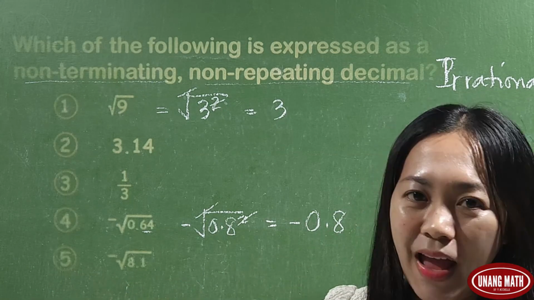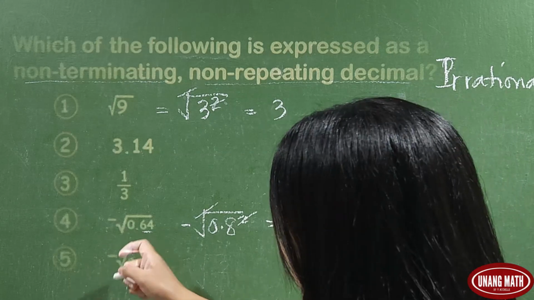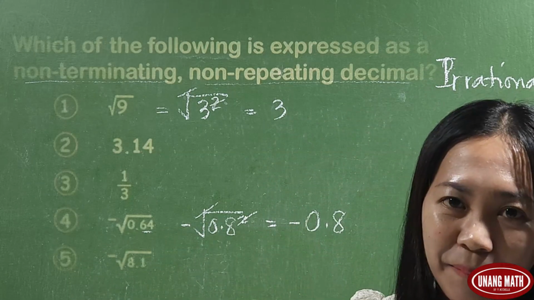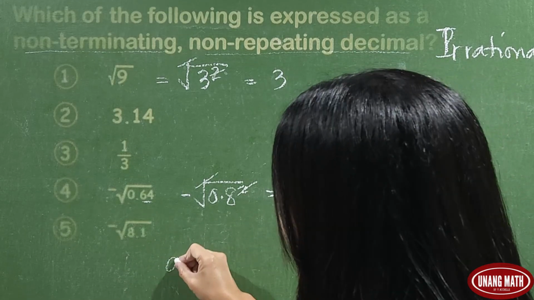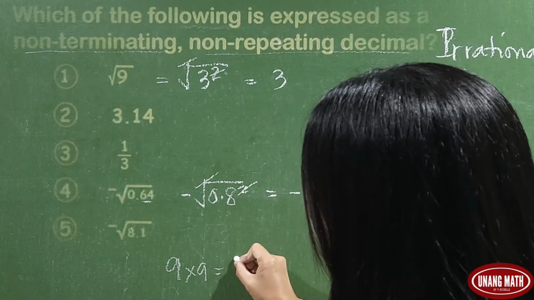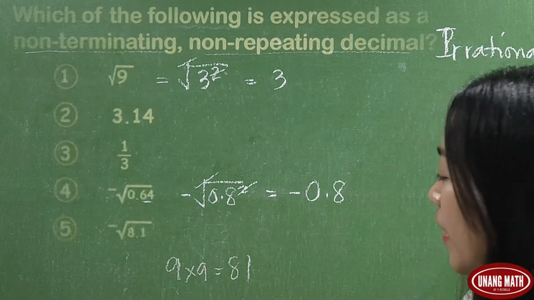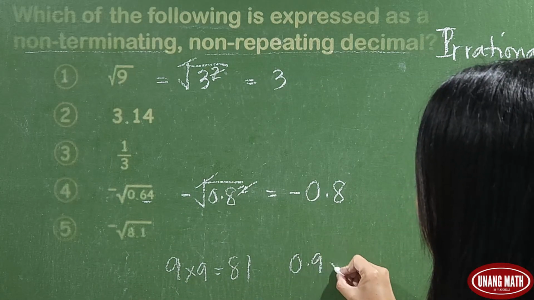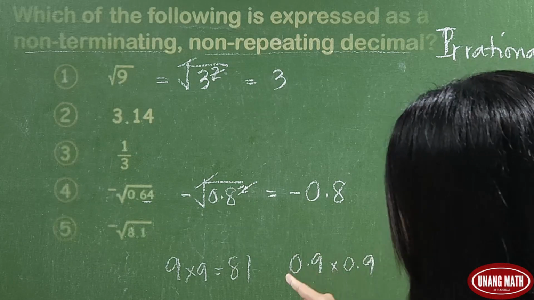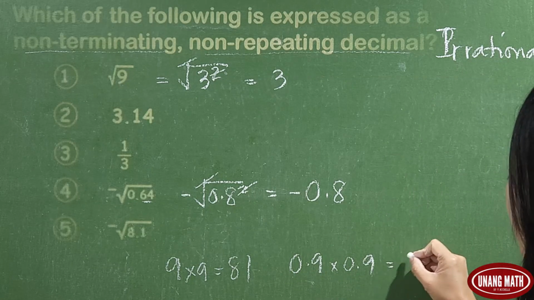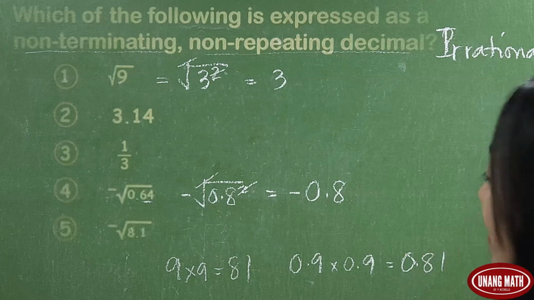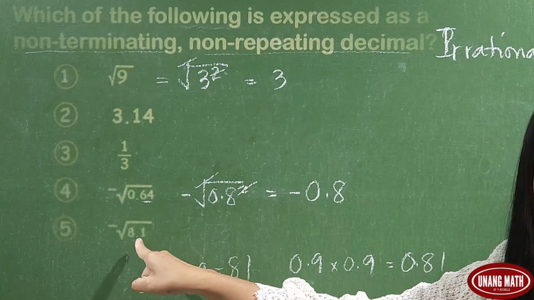Okay, for number 5, we have here negative square root of 8.1. 9 times 9 is 81, but this is 8.1. 0.9 times 0.9 is actually 0.81, but this is 8.1.